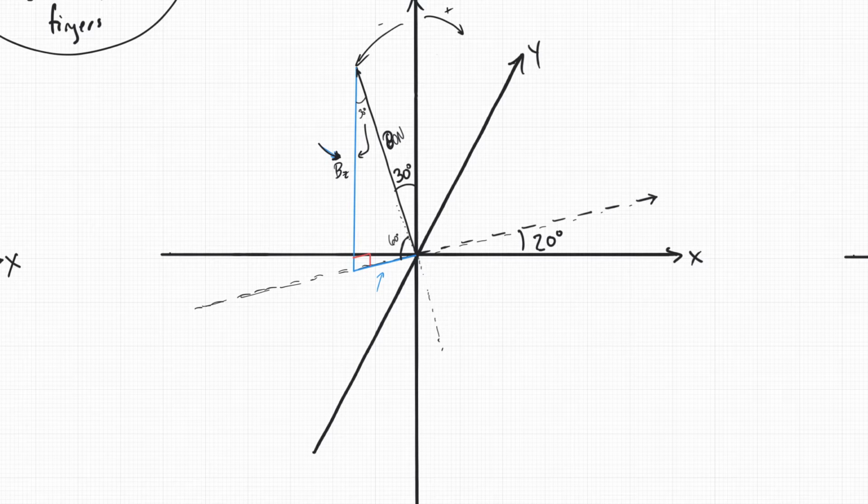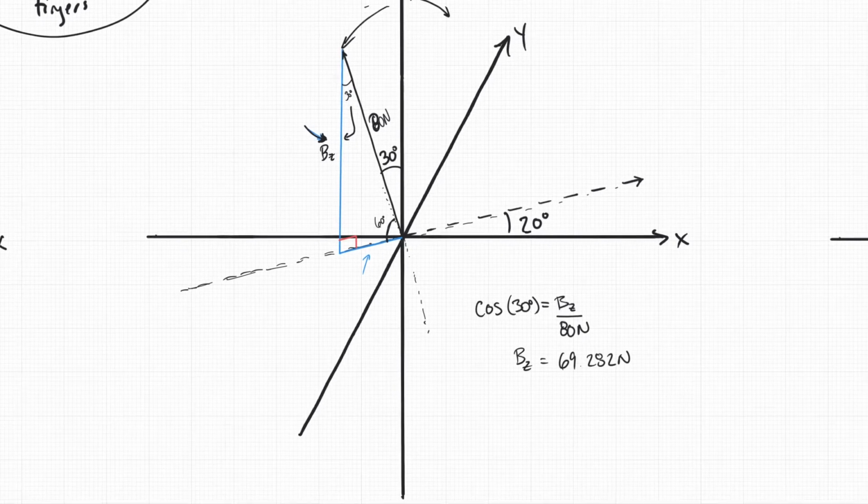Adjacent means cosine. So the cosine of 30 degrees equals BZ over the hypotenuse, which is 80 newtons. If I solve that, I get 69.282 newtons.